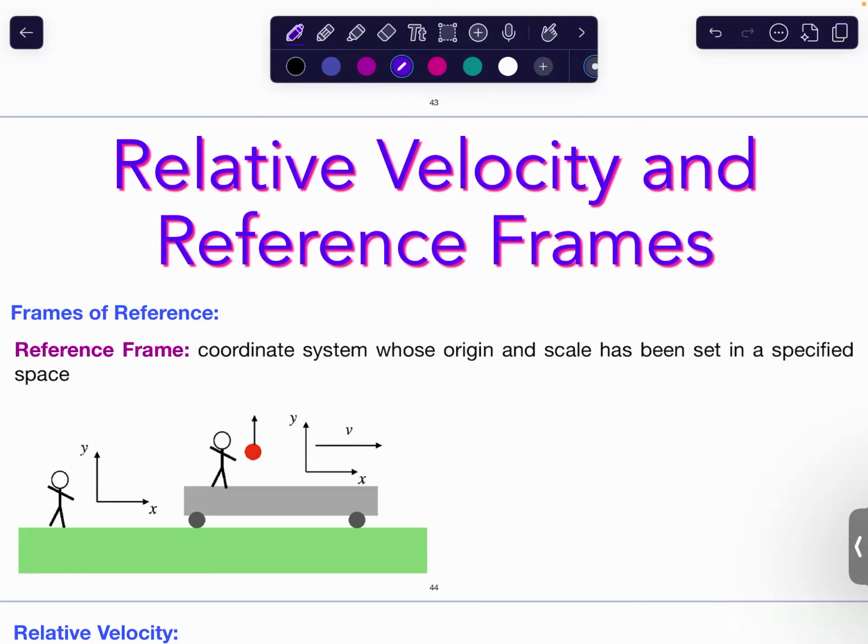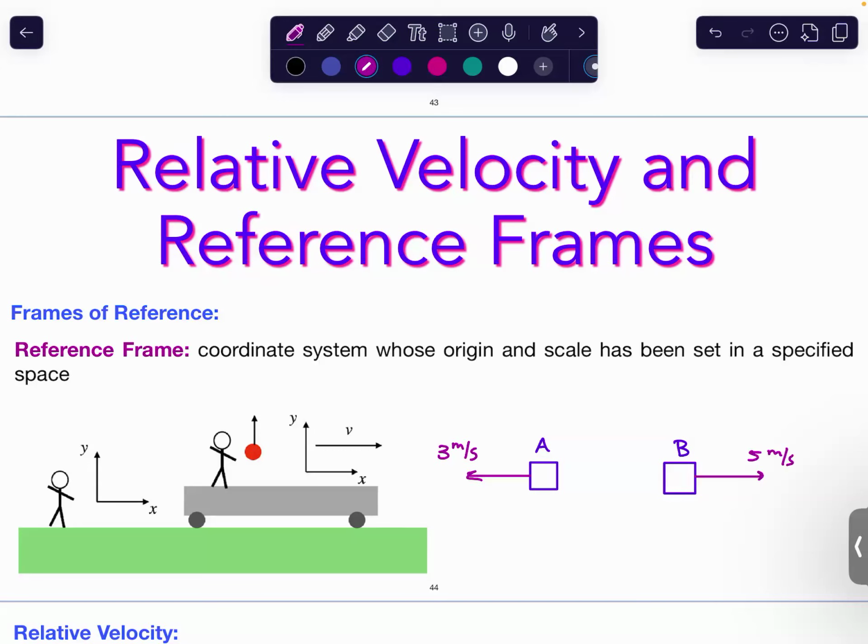So a good example is, let's say, you have person A, person B, object A, object B. Person A is moving with a velocity vector of 3 meters per second, going that way. Person B moves with a velocity vector of 5 meters per second, going to the right.